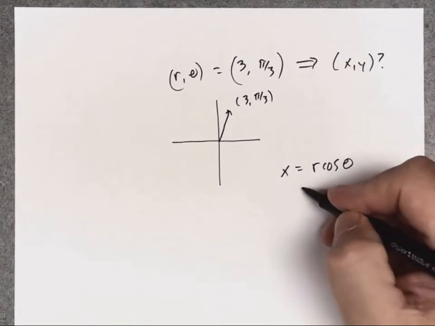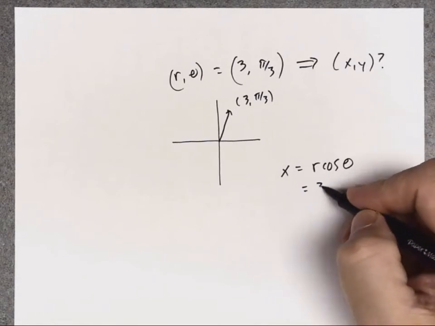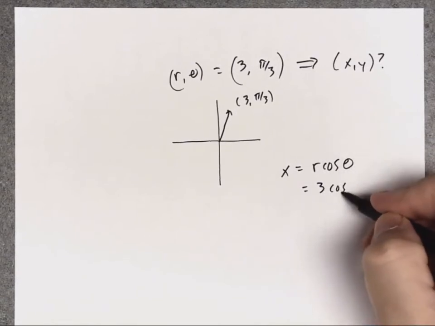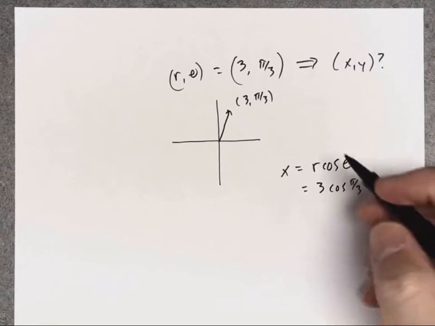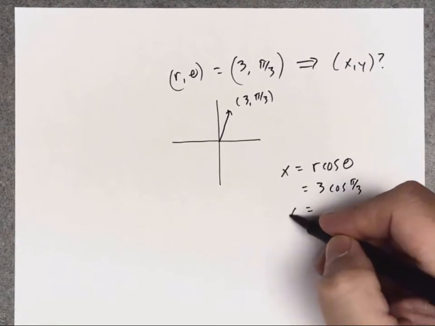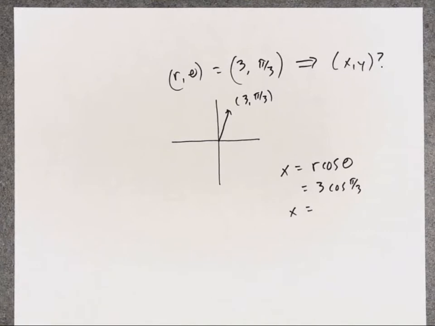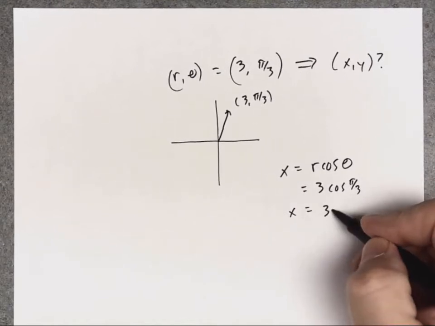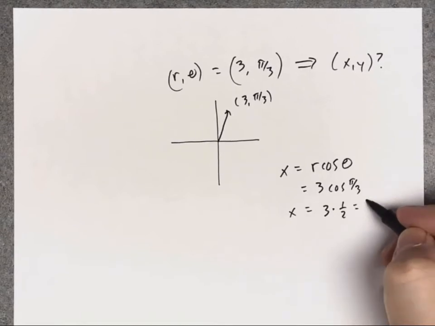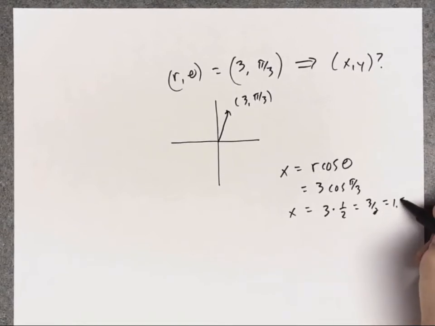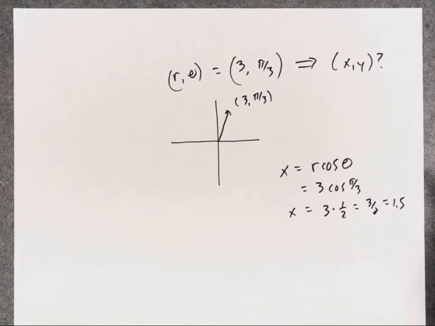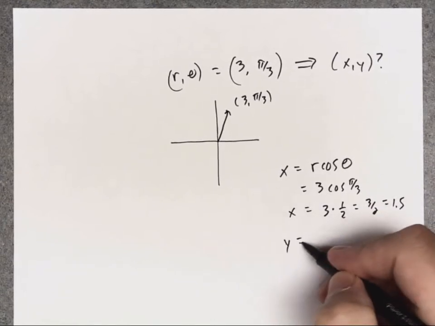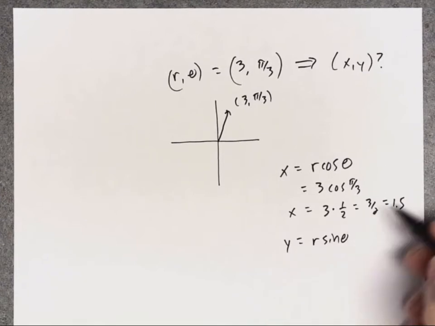So anyways, x is 3 cosine of pi over 3. Make sure your calculator's in radians. Actually, unit circle, we should know this value. It's just 1/2, right? Three halves or 1.5. And then y is r sine theta.